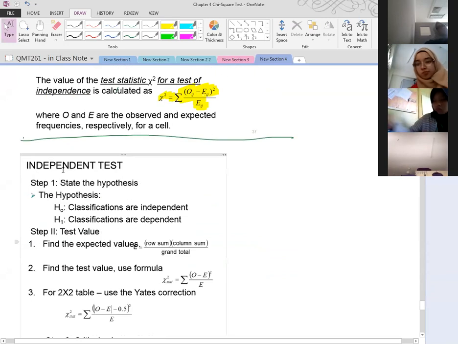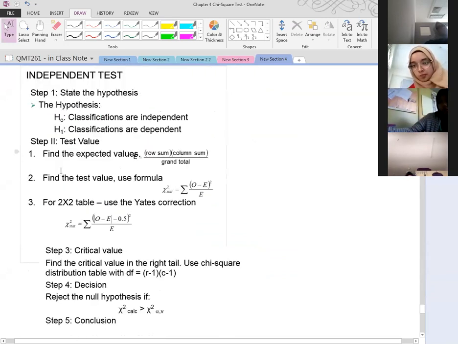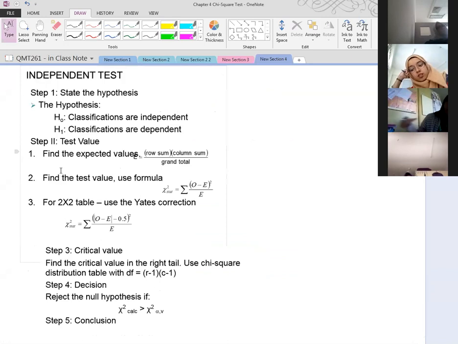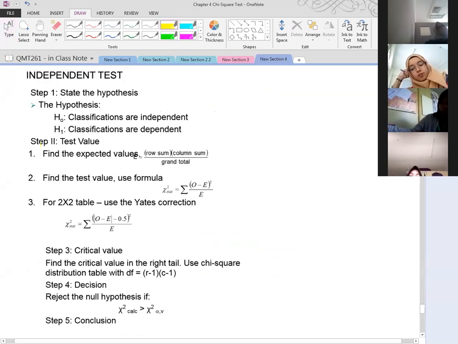So the steps of conducting the chi-square test of independence: first, we state the hypothesis statements. The null hypothesis is that the classifications are independent, and the alternative hypothesis is that the classifications are dependent. Then we find the expected value for each cell, which is row total multiplied by column total divided by grand total. Then we find the value of chi-squared calculated.